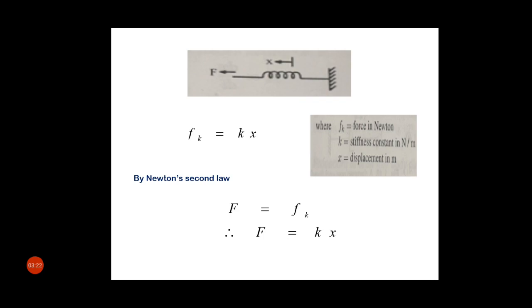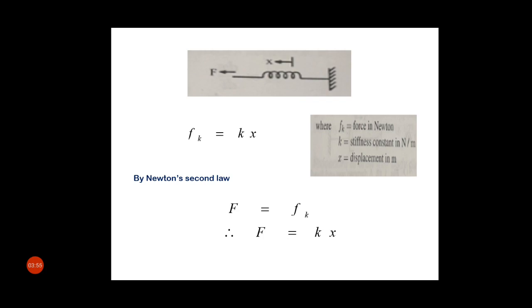So the restoring force Fk is equal to k into x, where Fk is the restoring force, expressed in Newton. K is the stiffness constant of spring, in the unit Newton per meter, and x is the displacement, in meter.